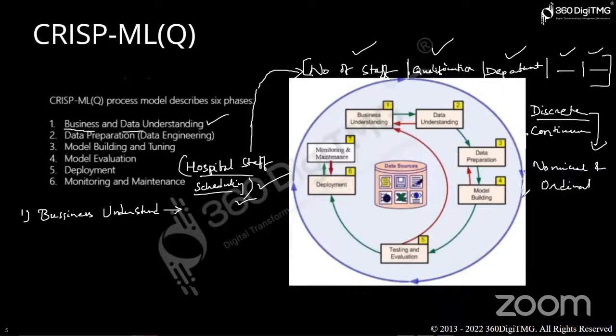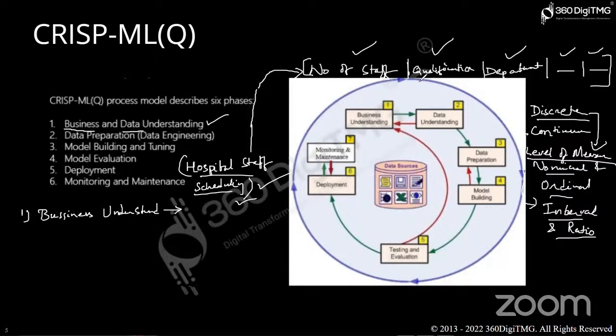Continuous data, on the other hand, can be divided into two types: interval data and ratio data. These four together are known as levels of measurement. So based on which level this data falls into, it will be under that category.